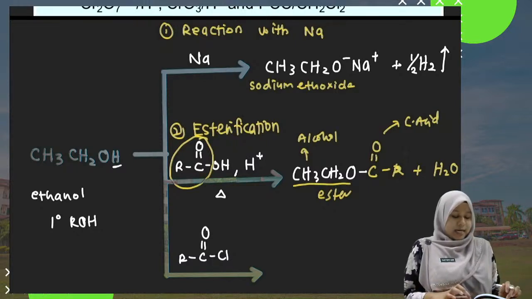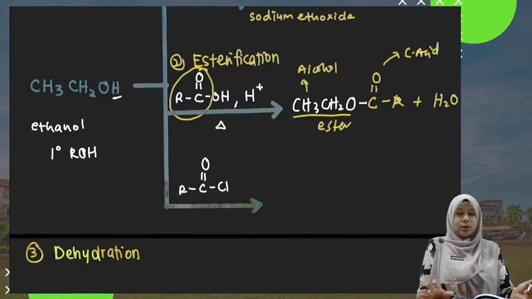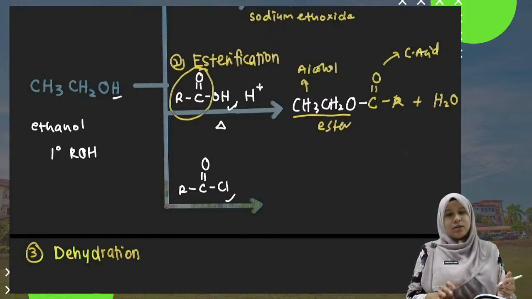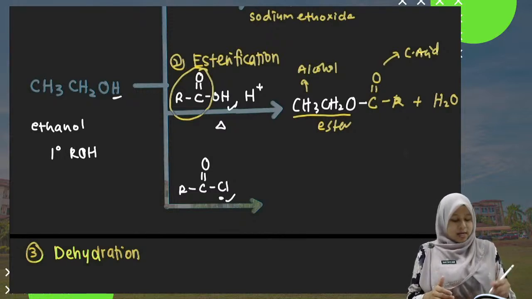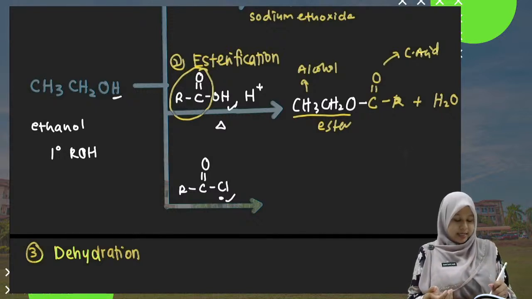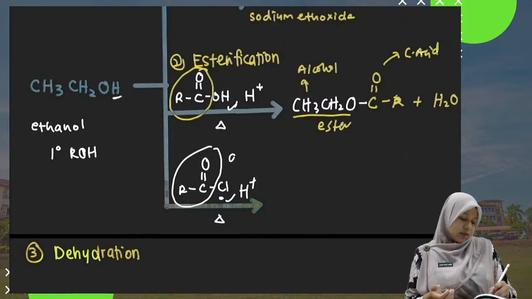Okay. Dan esterification juga kita boleh buat menggunakan acyl chloride. Okay, kalau kamu tengok antara carboxylic acid dengan acyl chloride, acyl chloride is more reactive lah sebab dia attached to halogen. So reaction ni akan jadi lebih cepat lah compare kita guna carboxylic acid. Cuma side product je beza kat sini. Yang ni nama dia acyl chloride lah.